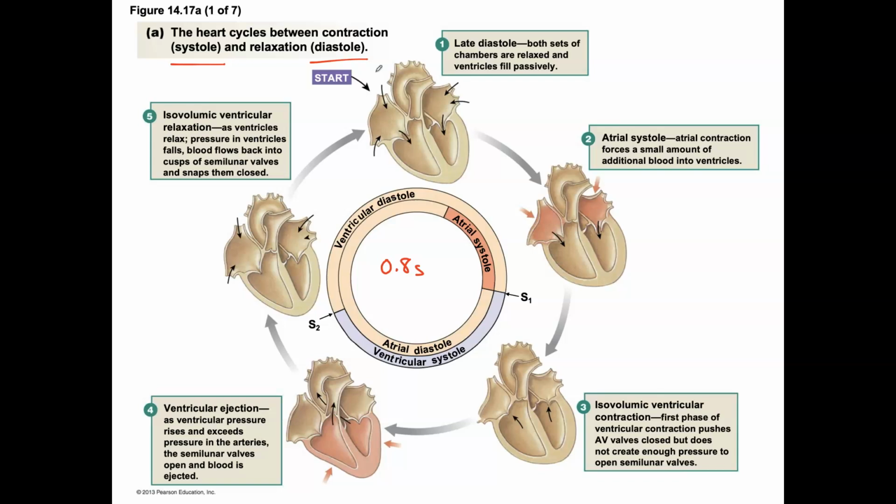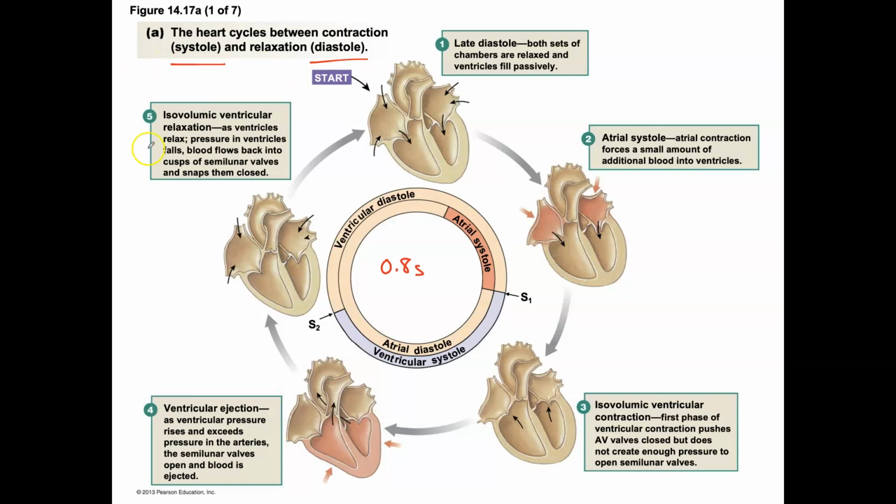In order for blood to flow through the heart, there needs to be changes in the volume of the chambers, which essentially leads to changes in pressure of blood within the heart, and those pressure changes allow the blood to move from one location to another.